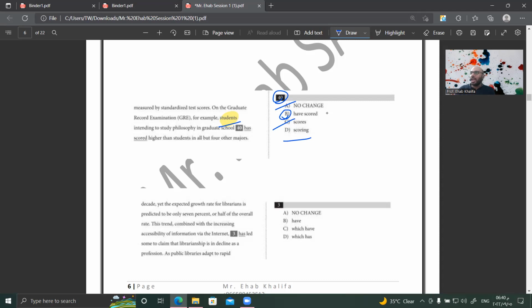If I choose D, it will be "students scoring." Remember the mistake we explained moments ago? It cannot be correct because there will be no verb. I need a helping verb before. This present participle only, a verb ending in ing with no helping verb before, cannot make the sentence stand alone. So it will create a fragment, then D is wrong.